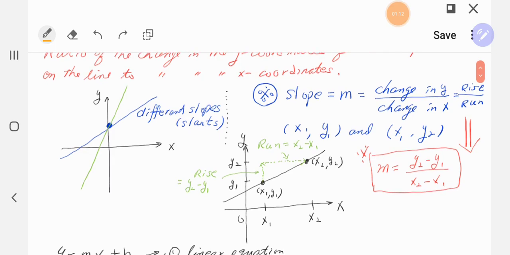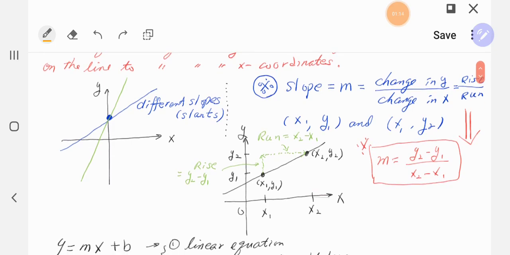So if we see the second coordinate plane here, there are 2 points, x1 y1 and x2 y2. The x coordinate of this point is x1 and the y coordinate is y1. Here's the second point. The x coordinate is x2 and the y coordinate is y2.